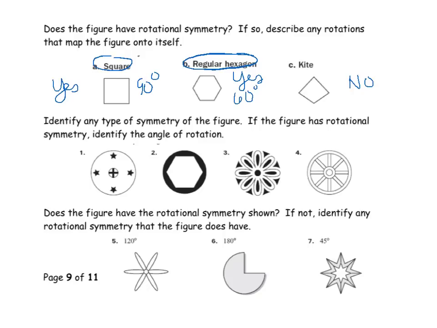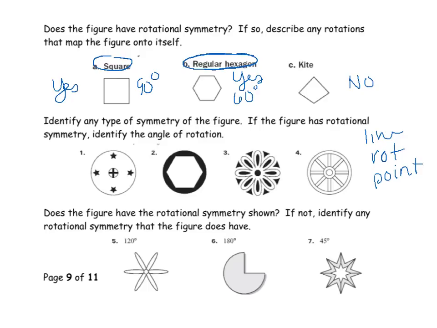Okay, let's talk about these next 4 figures. Here we're getting fancy. We have all kinds of funky things going on. We've gone away from polygons now, and we're just talking about all different kinds of figures. And we need to identify what types of symmetry it has. So, as a reminder, it could have line, it could have rotational, it could have point, and it could have some combination of those, or it could be none of the above.